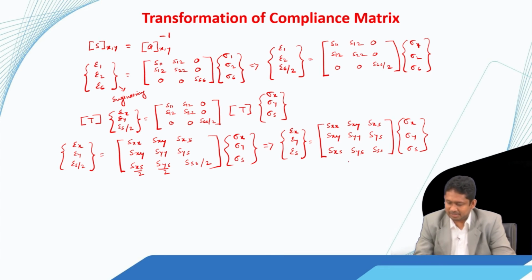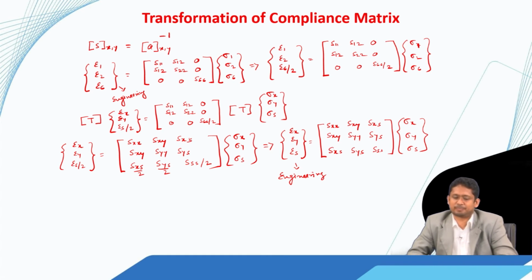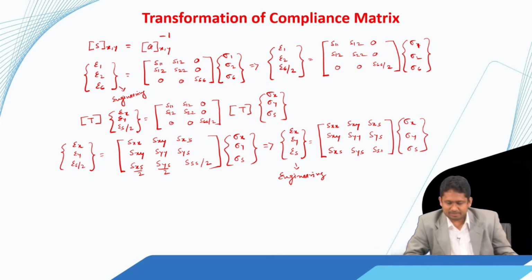So, this is our compliance relationship in the xy system, and this definition is engineering now. Again, we followed the same approach. We went from engineering to tensorial definition, we applied the transformation rule, and then finally we came back to the engineering definition.